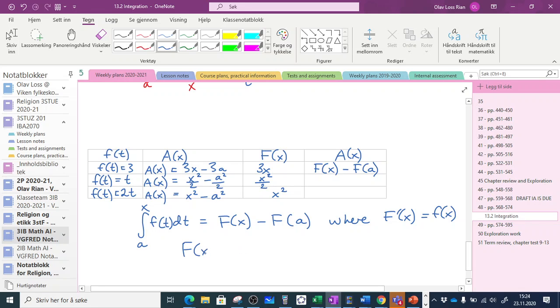And capital F of x is an antiderivative of f of x.